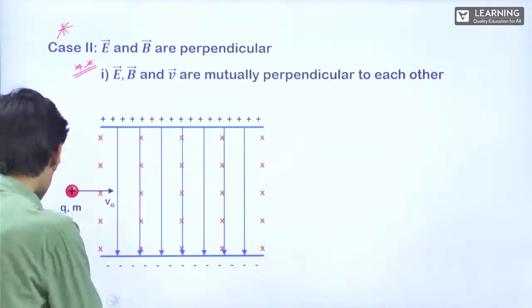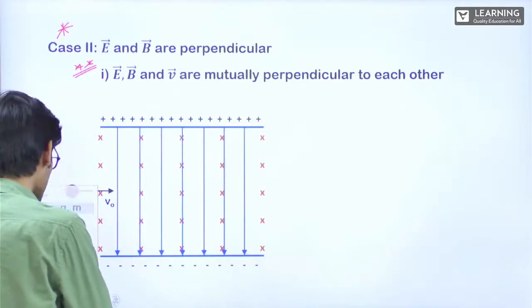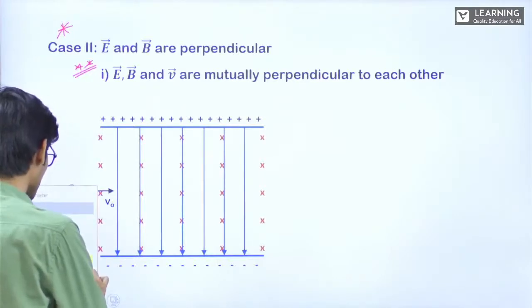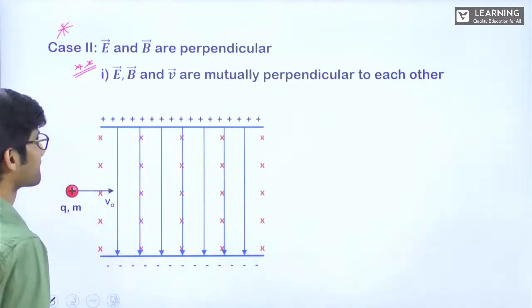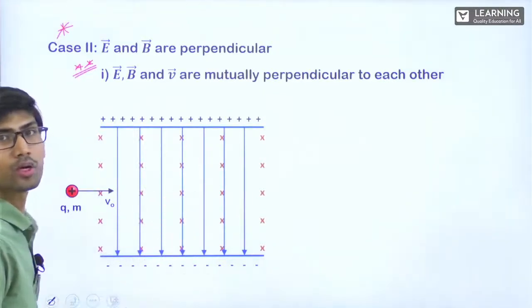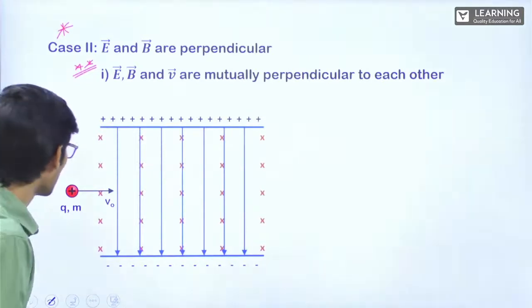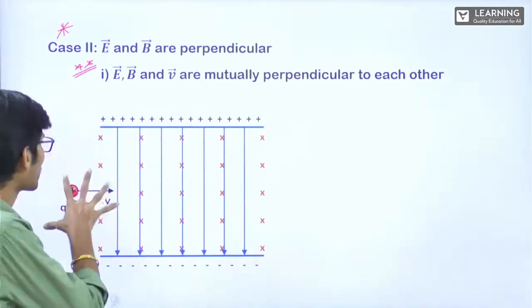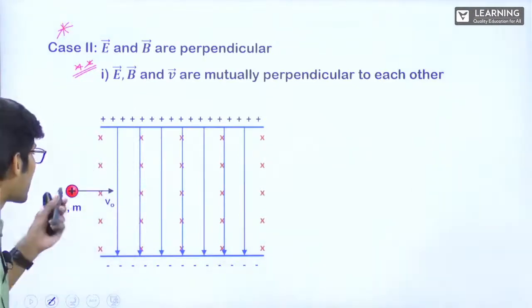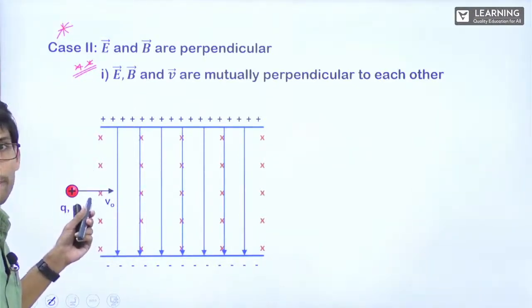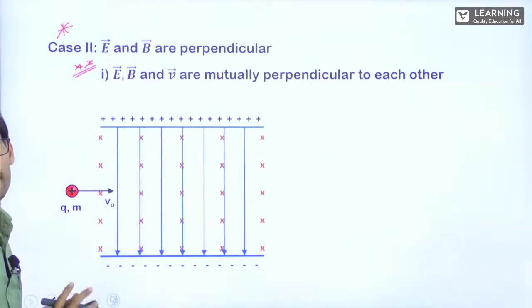See here, this particle will experience two forces currently. One force is due to the magnetic field, one force is due to the electric field. At this particular instant, the moment it goes inside, it is having velocity v naught, and two different forces are acting on this particle.